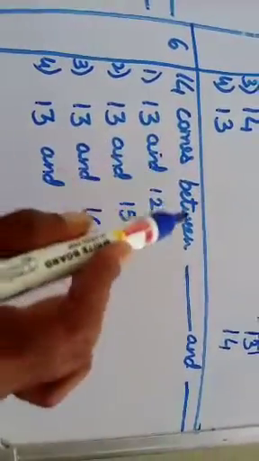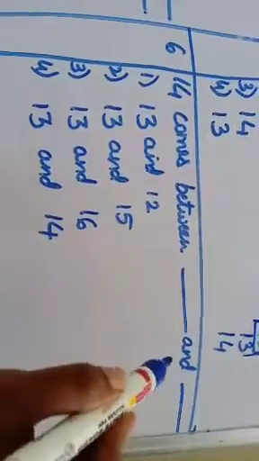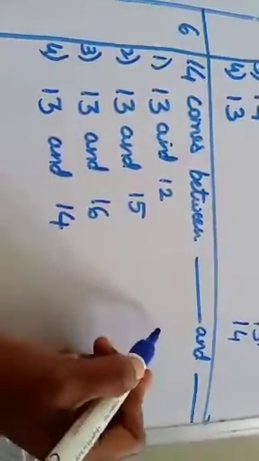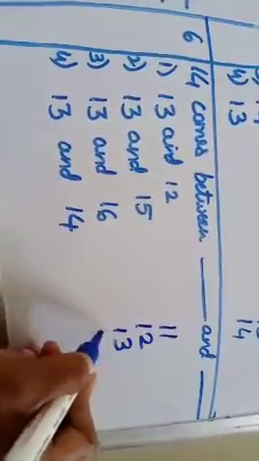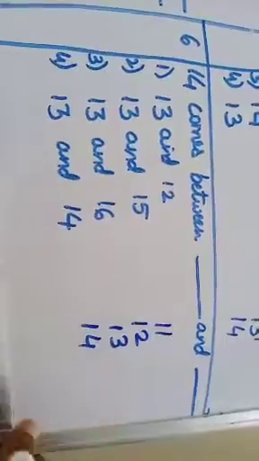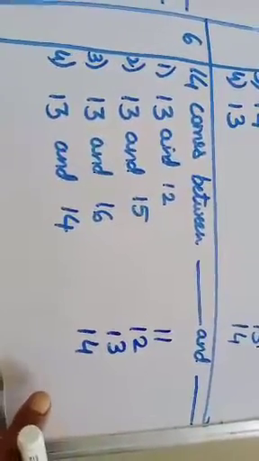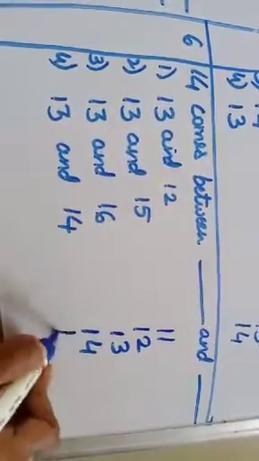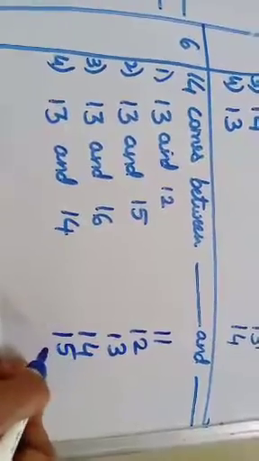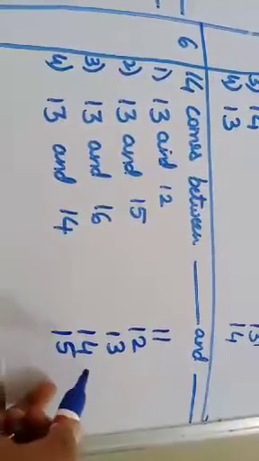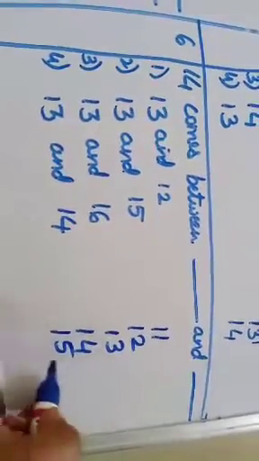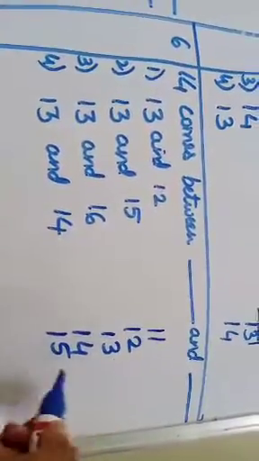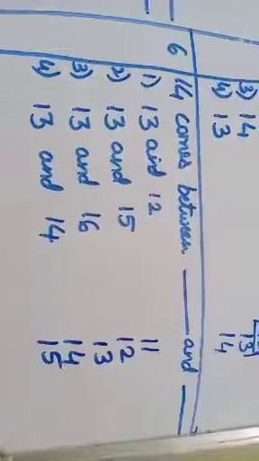So let's write the numbers here as a rough work. 11, 12, 13, 14. Okay. So here you have to find out, till 15 we'll write, and we have to find out 14 number comes between which two numbers.